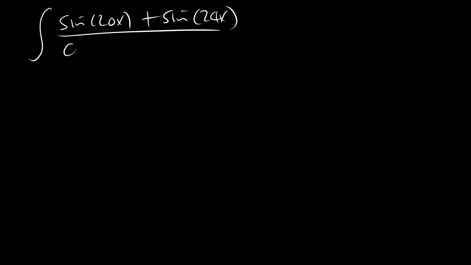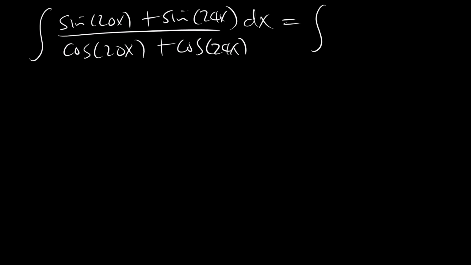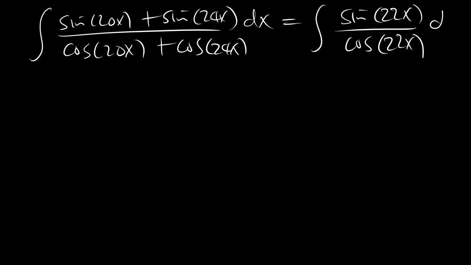And so our very interesting problem here of sine of 20x plus sine of 24x over cosine of 20x plus cosine of 24x integrated is the same as sine 22x over cosine of 22x.